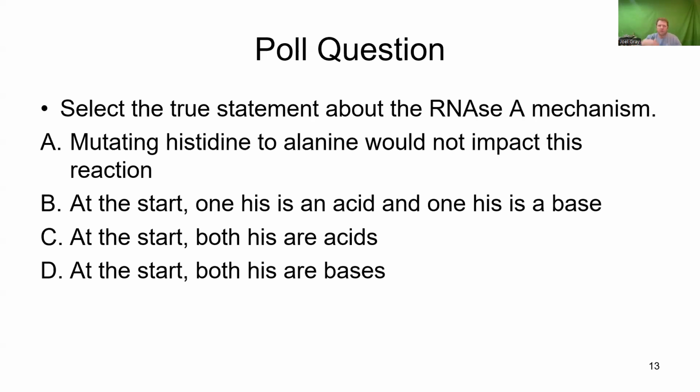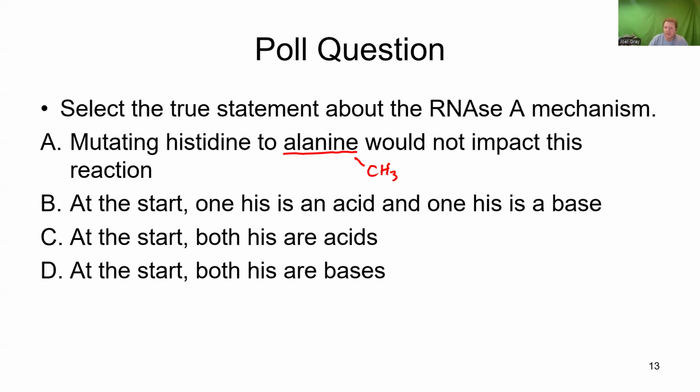I saw a lone pair of electrons abstract a proton. Alanine has an R group that looks like this, CH3. It's a methyl group. How many lone pairs of electrons do you have on a carbon with three hydrogens going to a carbon? None.